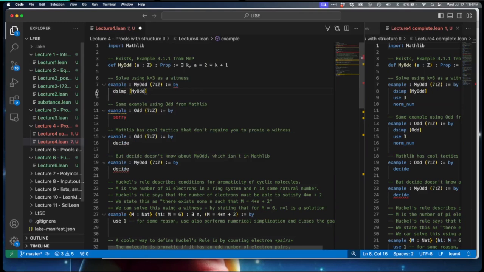Let's see, this corner. There we go. The info view.